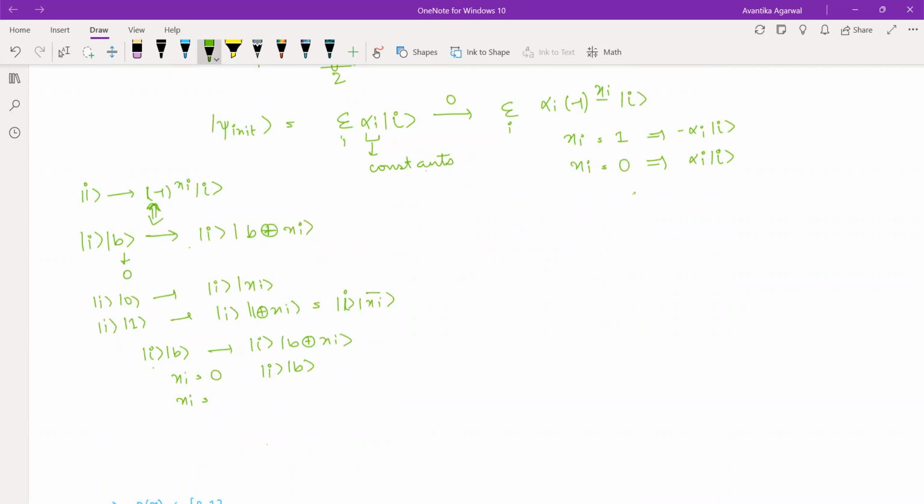And if Xi is equal to 1, then that would mean that I got I, 1 minus B, because I would be XORing B with 1. So I, 1 minus B. I'm sorry I did not introduce this earlier, but I hope this makes sense how this query is working.